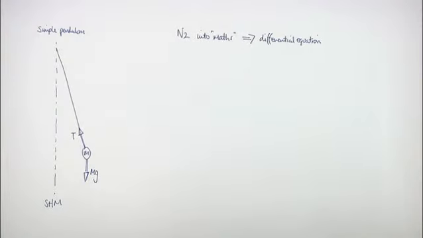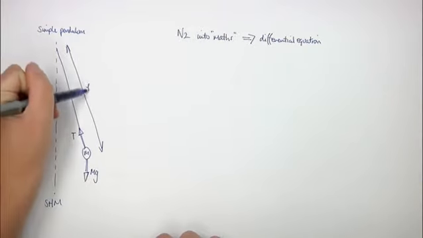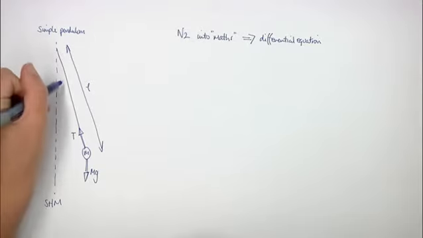For a simple pendulum performing simple harmonic motion, we can write down and then solve a second-order linear differential equation. First, we draw the pendulum mass and the forces acting on it, its weight, mg, and the tension in the string, T. We add important parameters, the length of the string, L, and the angle from the vertical, theta.